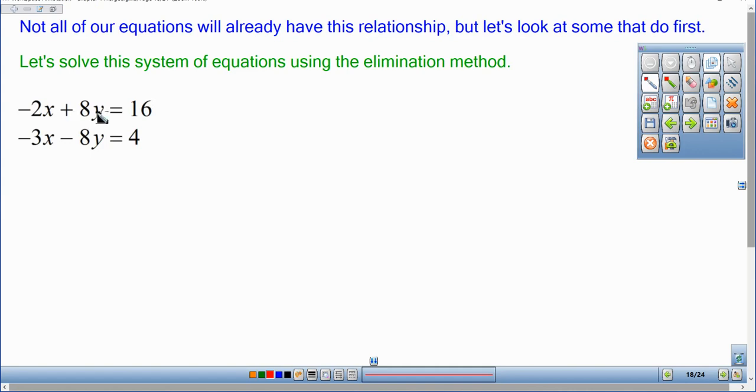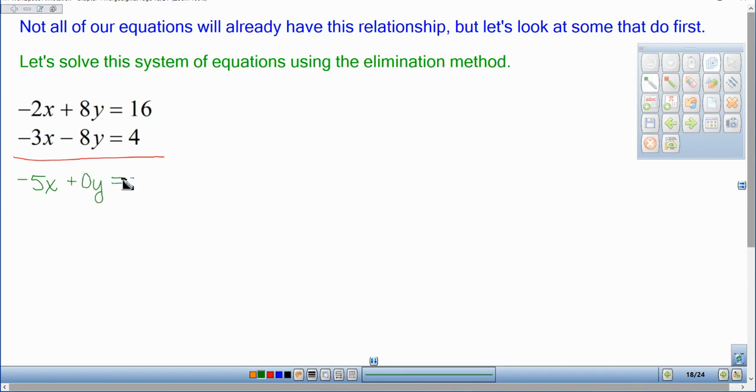Since a positive 8y and a negative 8y, when combined, would eliminate, I'm actually just going to add my like terms downward, and I'm going to have a new equation. So if we add a negative 2x and a negative 3x, you'll get negative 5x. If we add the 8y and the negative 8y, as discussed, we will already realize we're going to get a 0y.